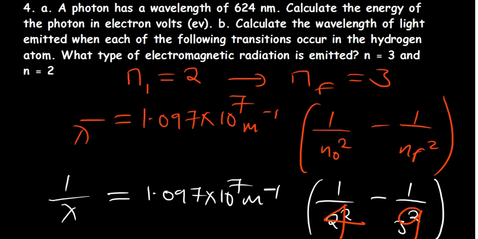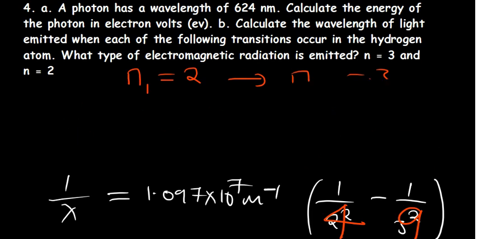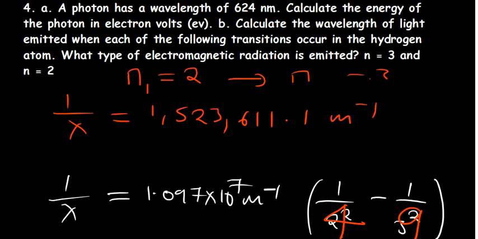So we can simplify that: 1 over 4 minus 1 over 9 is 5 over 36, multiplied by 1.097 times 10 to the power 7. So we have 1 over our wavelength being equal to 1523611.1 per meter.